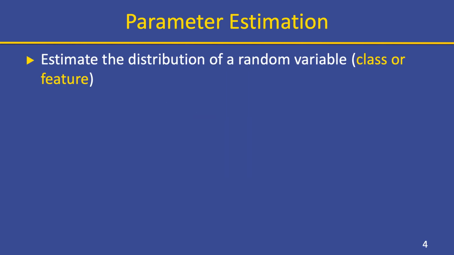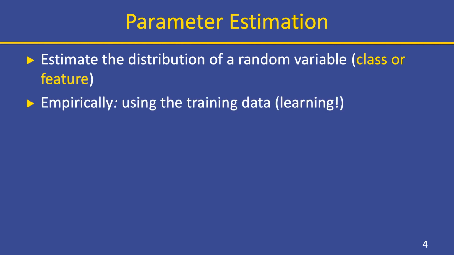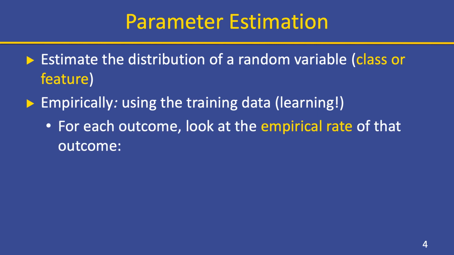Our goal here is to estimate the distribution of a random variable from a limited sample. A random variable may be a class or a feature. We do that empirically using our training data. For each class, we look at the empirical rate of that class.